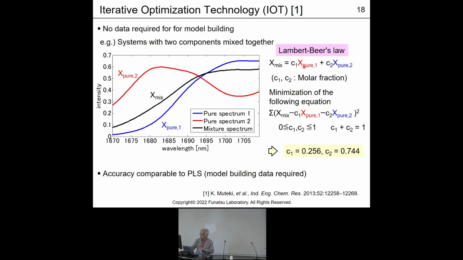And using this equation, we can minimize the following equation. In this manner, we can get this kind of information from this equation. So the power of this IOT is equal to a PLS model. So we can select this one, usually without calibration work.